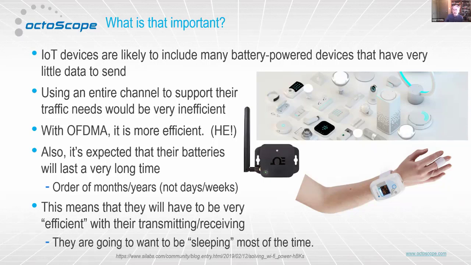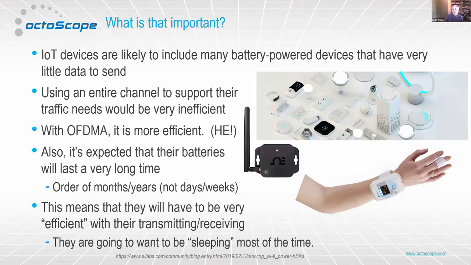But it's not a lot of data to be sent at any given time. So allocating a whole channel, even just a whole 20 megahertz channel, to support that would be very inefficient. So again, OFDMA is about efficiency, not about throughput. It's about high efficiency. And so allocating smaller chunks of spectrum, especially to multiple users simultaneously, is much more efficient.